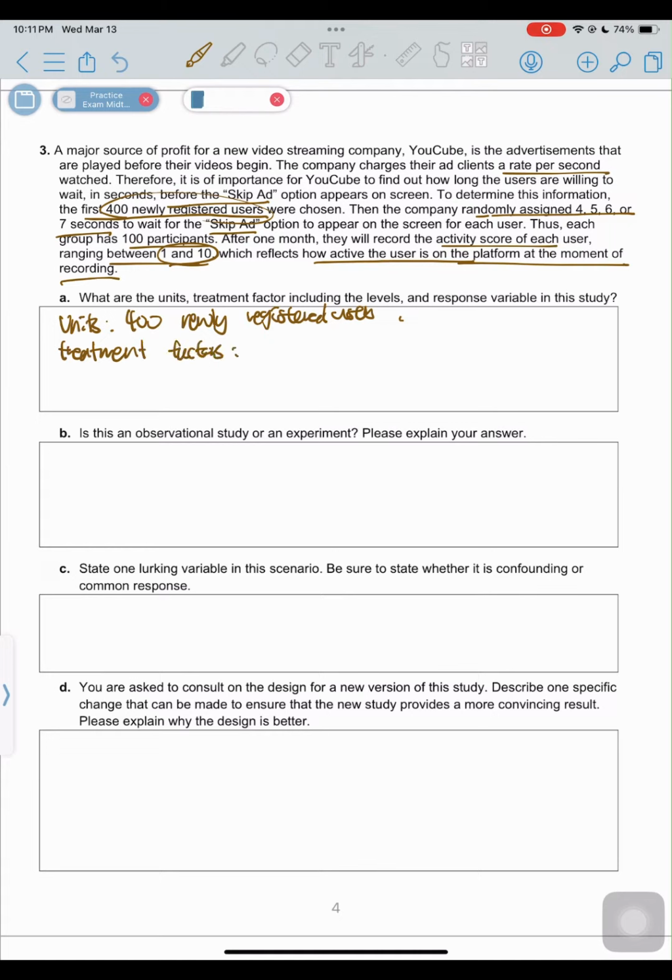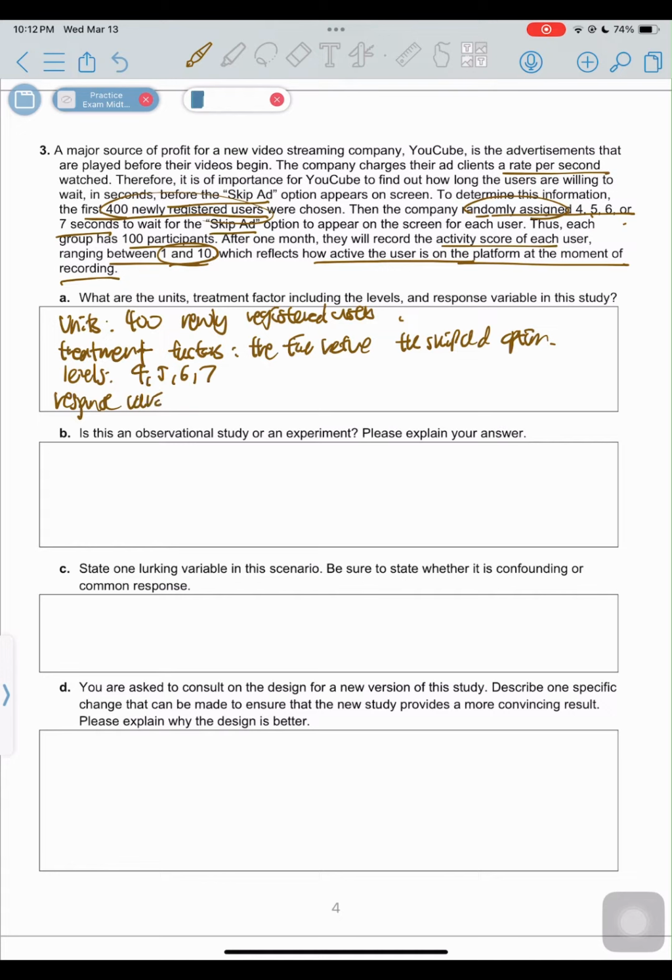So treatment factors would be the time before the skip ad option. That will determine how the experiment works. And also the levels, since we said we're going to randomly assign 4, 5, 6, 7, that would be our levels. 4, 5, 6, 7. There we go. And the response variable.